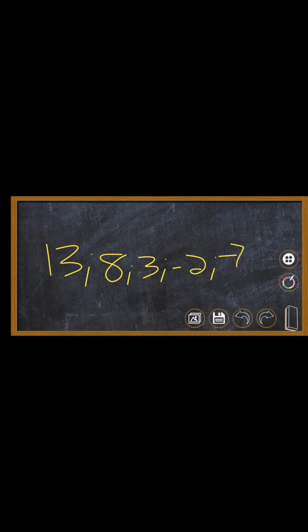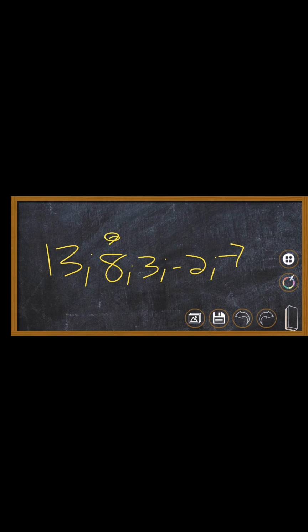So let's have a look at another sequence. So we are going to have 13, 8, 3, -2, -7, and so forth. So how do you get it?